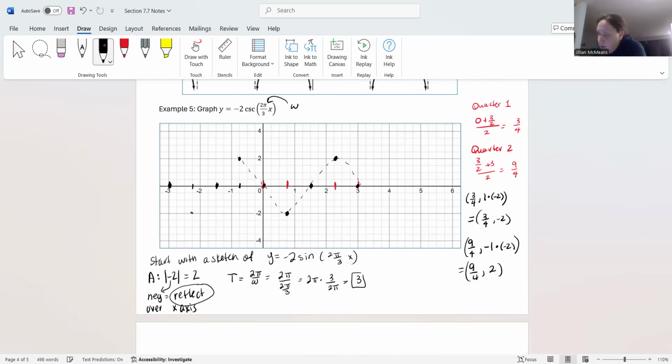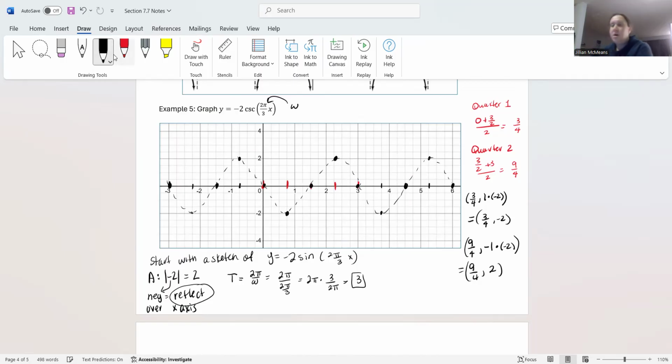So if we keep this going, we've got that. We've got another period. Let's do another period off to the right here. So again, let's see, we're going to have a quarter, a center, so an x-intercept, another quarter, and then an end. And so we'll have a min and we'll have a max.